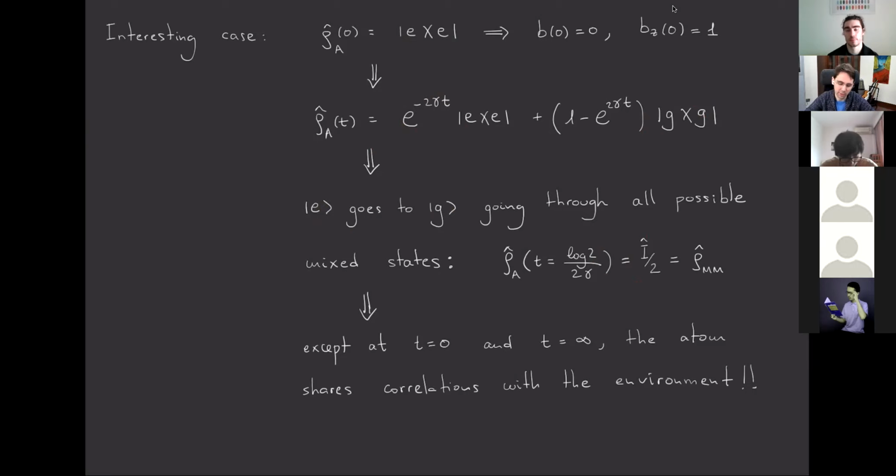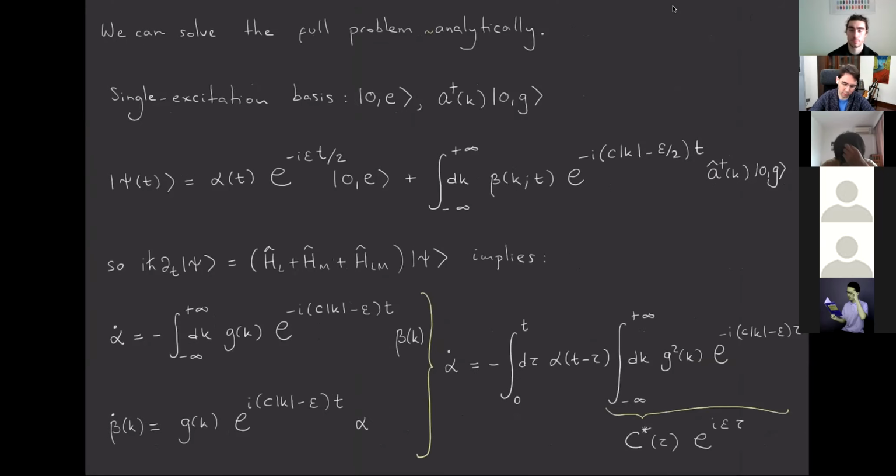So this problem is very interesting because it allowed us to also solve it analytically in the sense that we find what is the state of the whole universe, so the environment plus the atom, okay? And this is what we did at the end of the class, and what we saw is that you can write, of course I'm talking of a situation in which you start with no photons in the environment and just the atom in the excited state, okay?